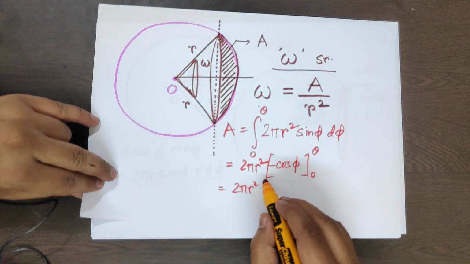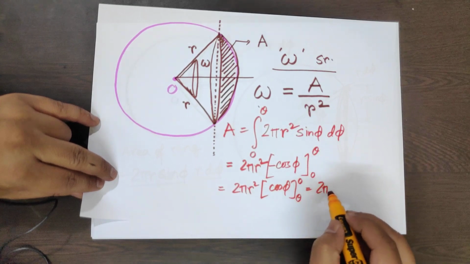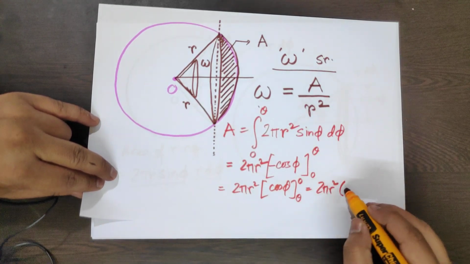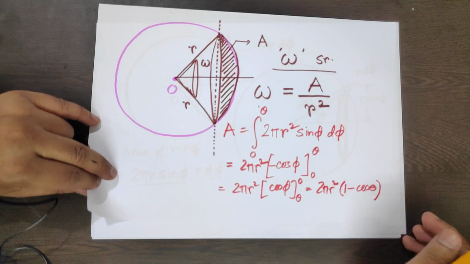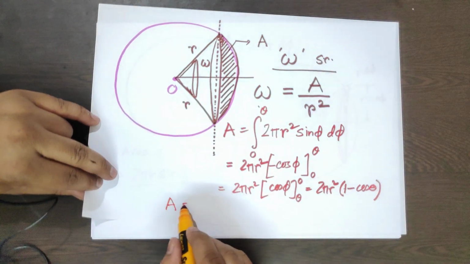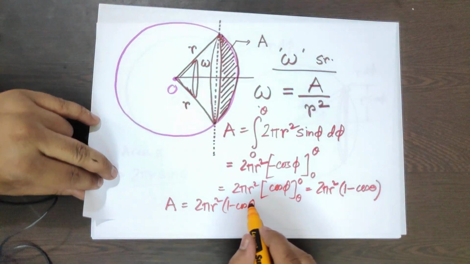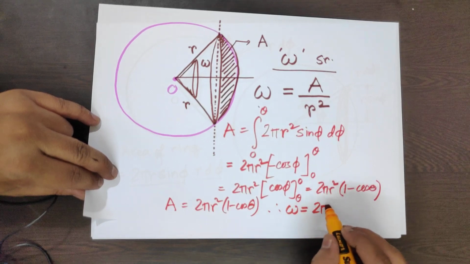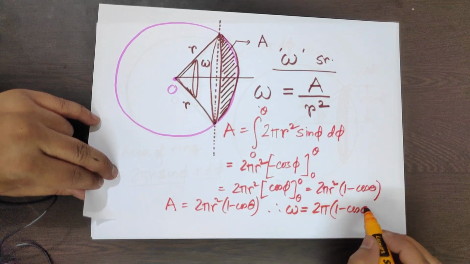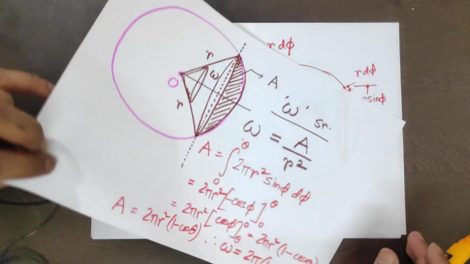Just swap the limits, so cos phi from theta to 0, so that's 2 pi r square times 1 minus cos theta. This is the area. So the solid angle is equal to 2 pi times 1 minus cos theta. That is a relation between the plane angle and the solid angle.